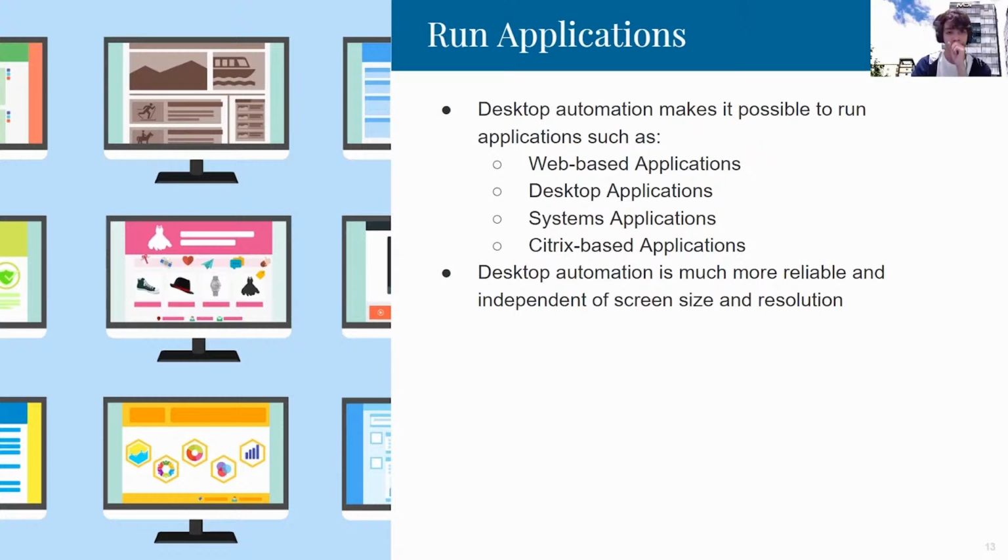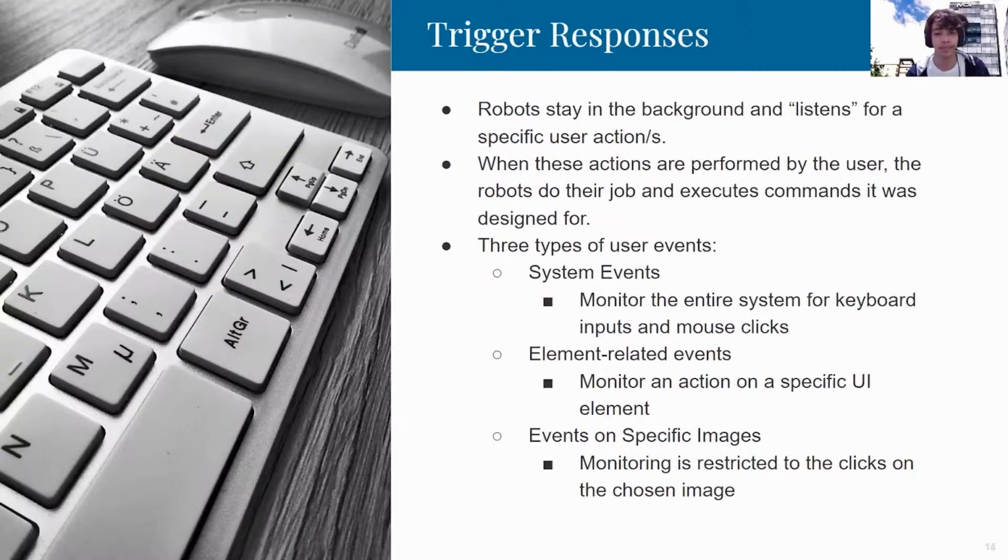Next capability of RPA is to trigger responses. RPA robots also have the ability to trigger responses based on human interactions. These triggers are involved when, let's say, some elements like buttons or links are clicked. This concept is quite similar to events in programming.